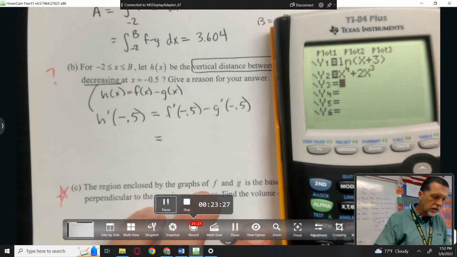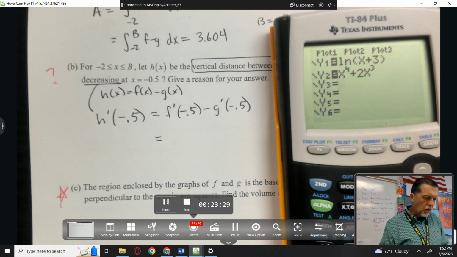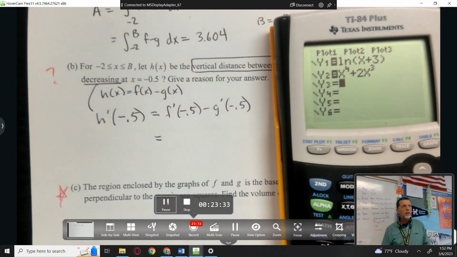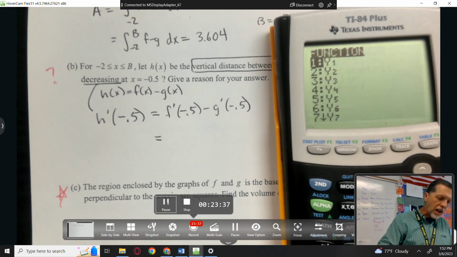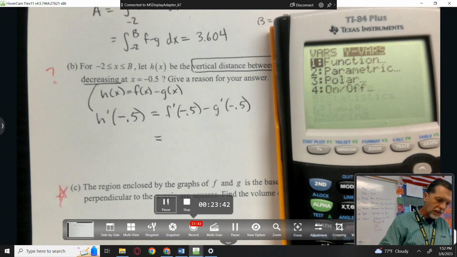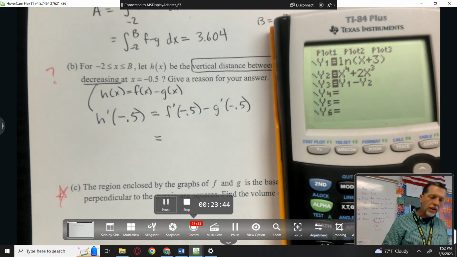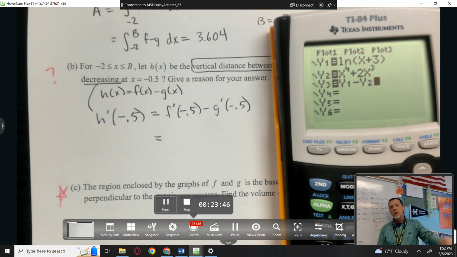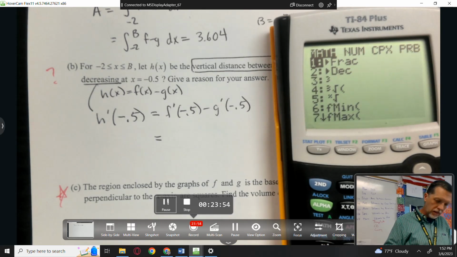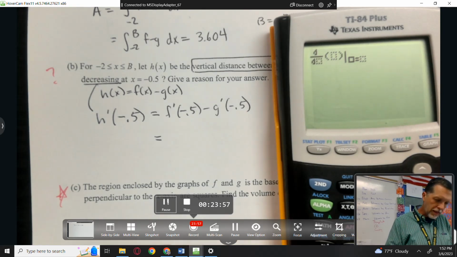So, that's probably the most straightforward way to do it. You could, in your calculator, put in an h function and make it y1 minus y2 and have your calculator find the derivative of y1 minus y2. I don't know. I suspect most people just found the derivative of the pieces. Math 8.